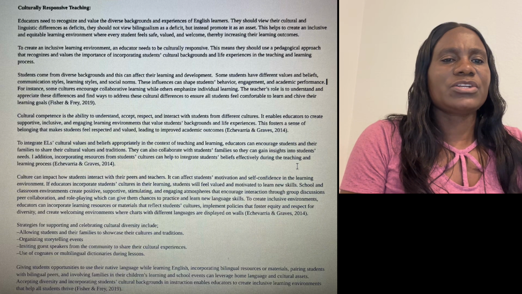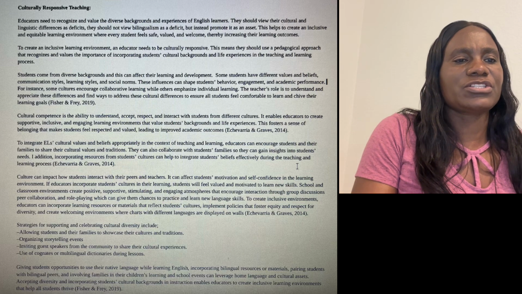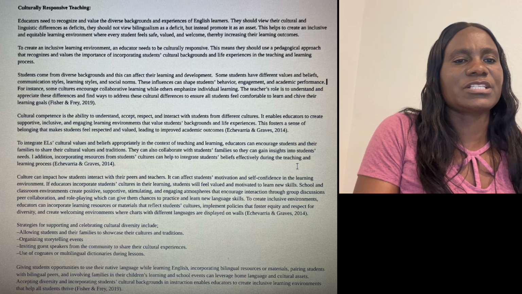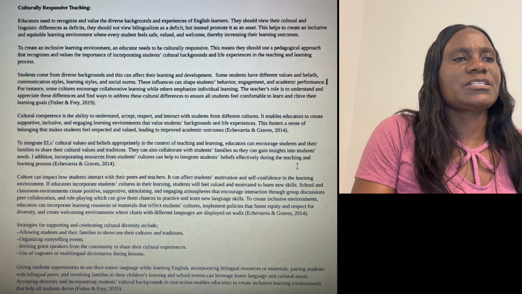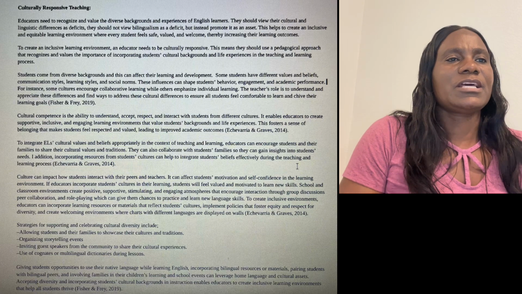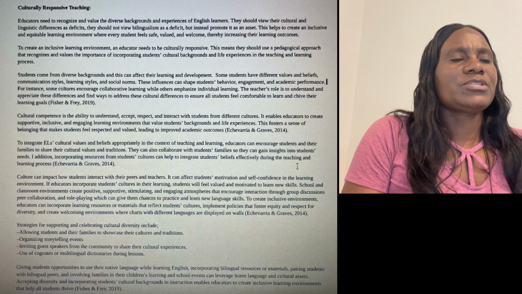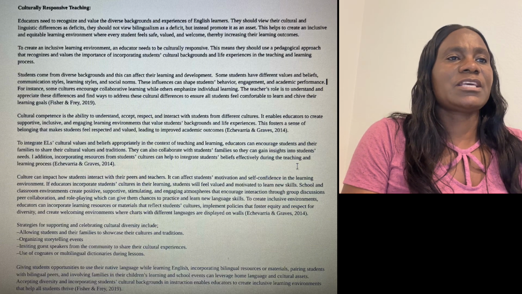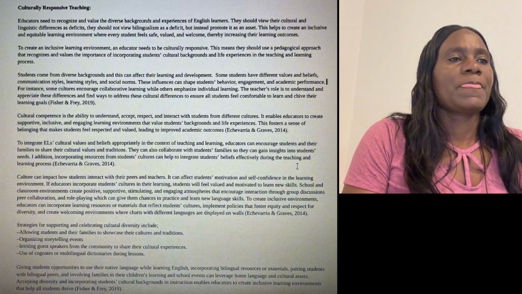To create inclusive environments, educators can incorporate learning resources or materials that reflect students' cultures. Implement policies that foster equity and respect for diversity, and create welcoming environments where charts with different languages are displayed on walls.